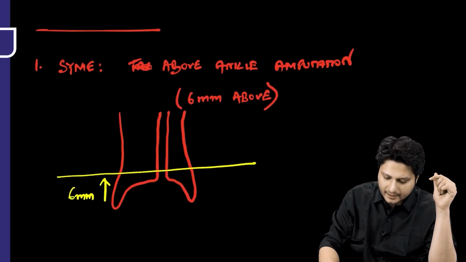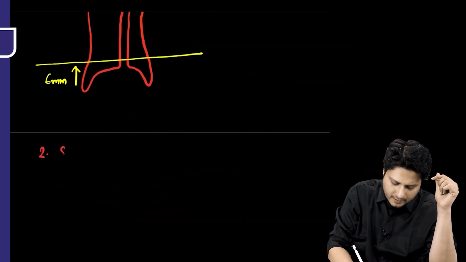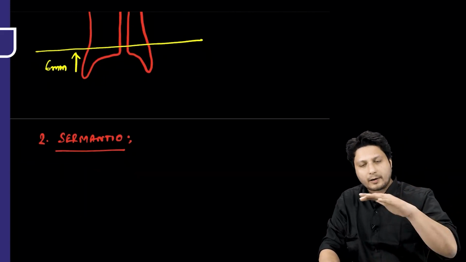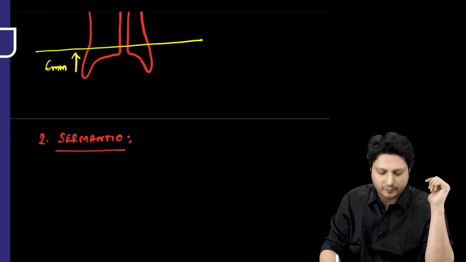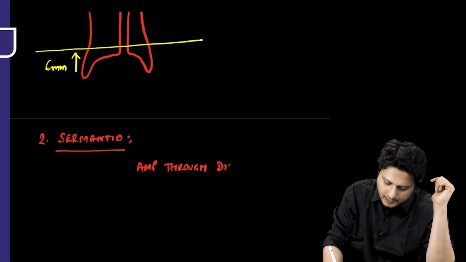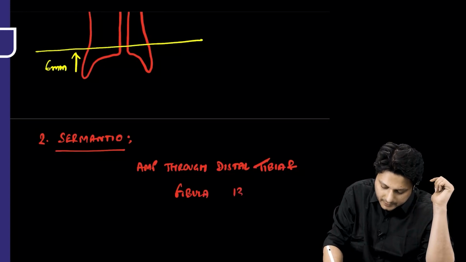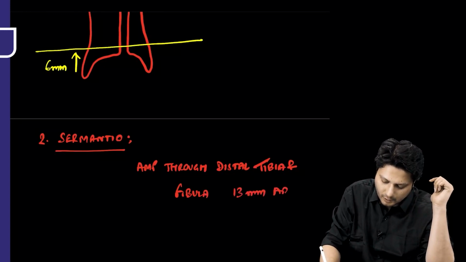Then the second category is that of a Sermantio amputation. Now what is Sermantio amputation? Here also you are performing an amputation through distal tibia and fibula, but it is performed 13 millimeters above the level of ankle, and that is the only difference between Syme and Sermantio.